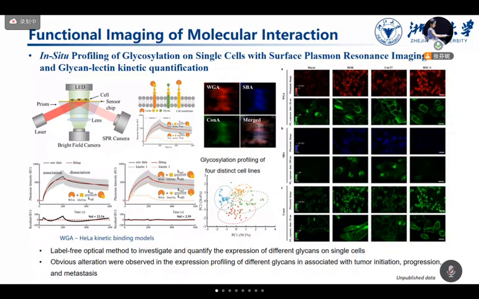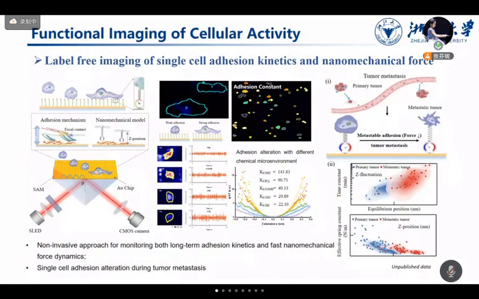Okay, so another application we are trying to do now is to see how cancer development will affect the cell and surface interactions. So we're trying to quantify the real-time process of surface and substrate interaction. Also, we are trying to measure the movement and micromotions when the cell is attached to the surface, which is related to the linkers.